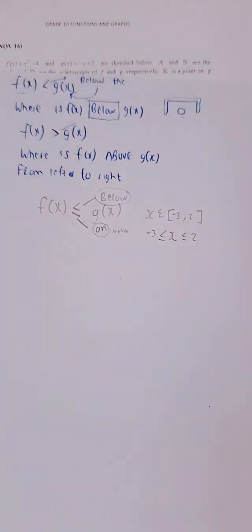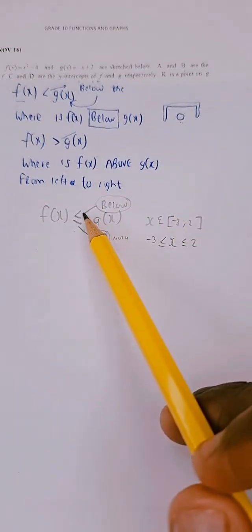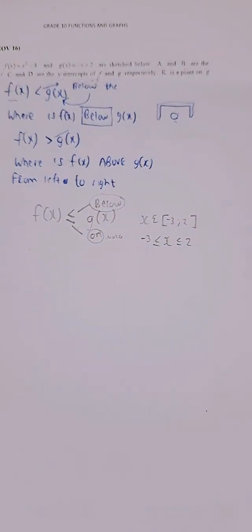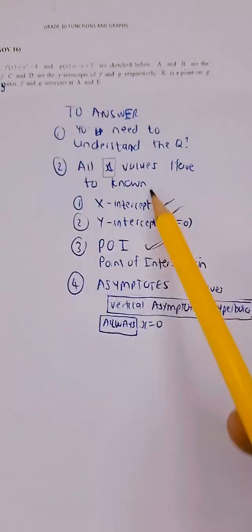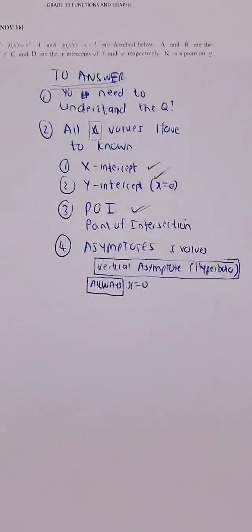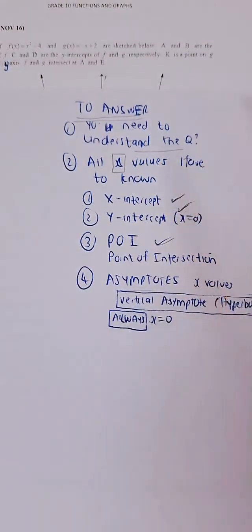All right. So let's always observe, guys, what is the actual inequality? Are we saying just less than alone, or are we saying less than or equal to? To answer the questions, we first need to understand the question that is being asked.